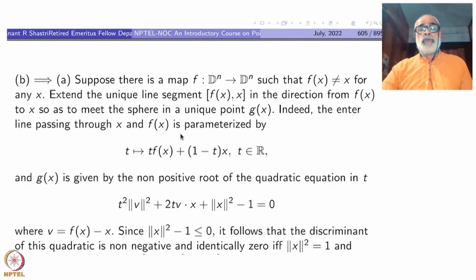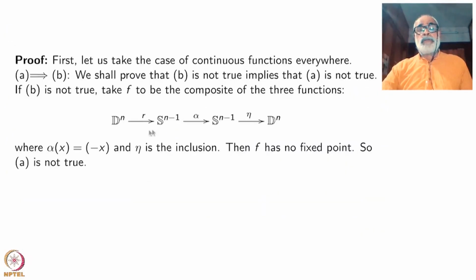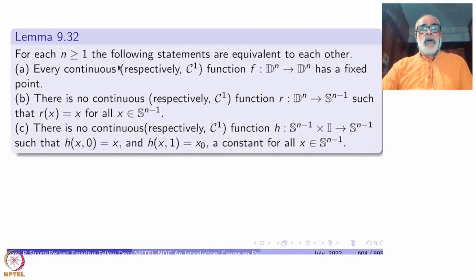So that will take care of that. Here also alpha is a smooth function, x going to minus x. So this is an inclusion map. So if this is C1, the composite is C1. So what we get, f piece will be C1 and so on. So simultaneously, all these three statements in both the C1 case as well as the general continuous case are proved.